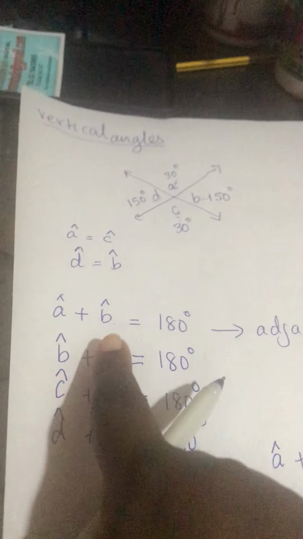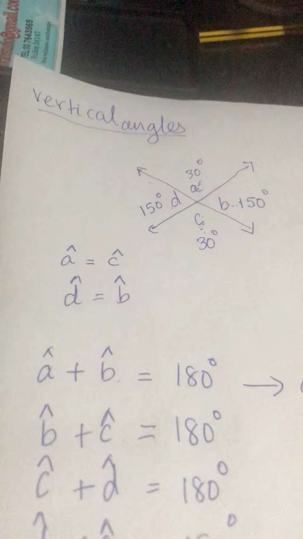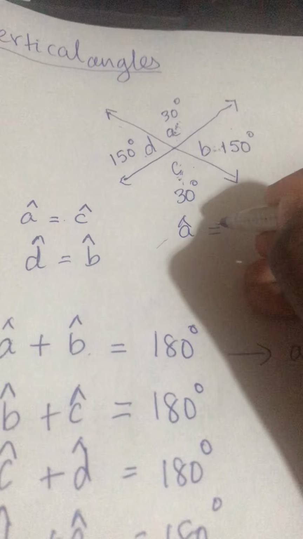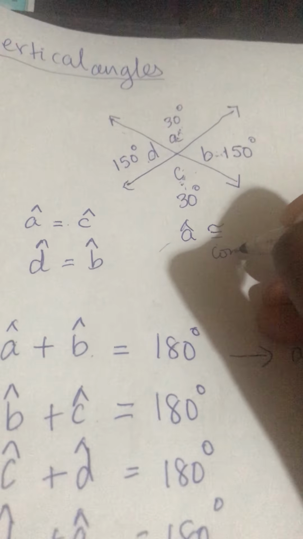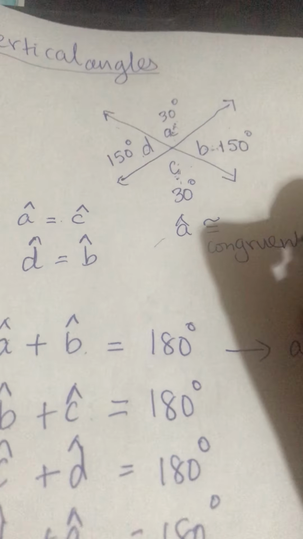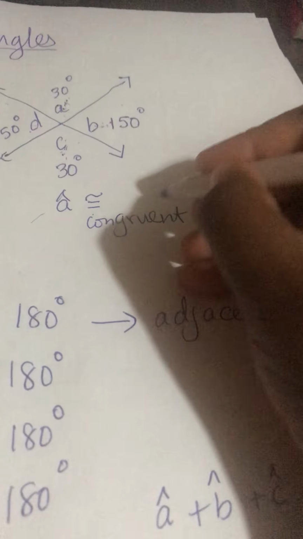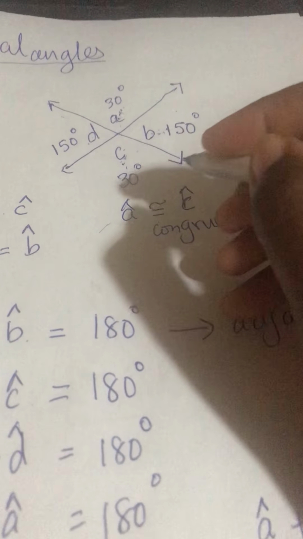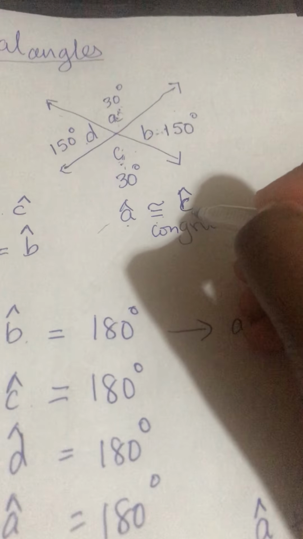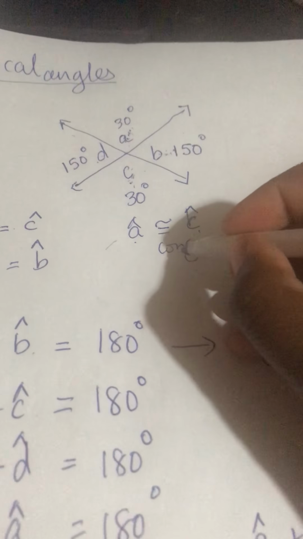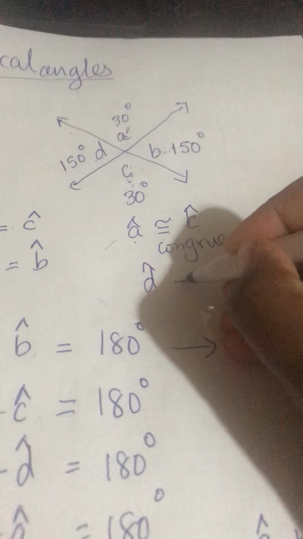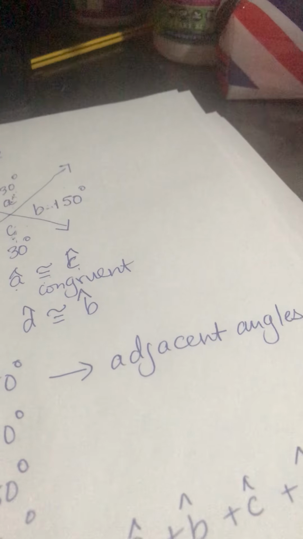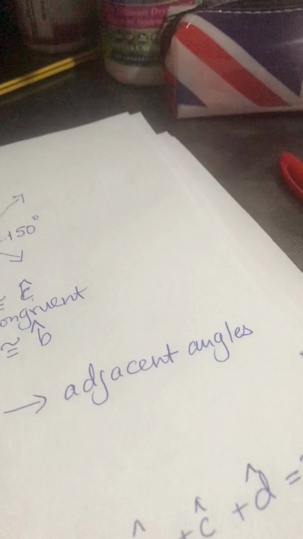These relationships are important for you to know. Here we will say angle A is congruent. This symbol is congruent. Congruent means equal to angle C. Angle A is congruent to angle C. Angle D is congruent to angle B. So we are together up to there.